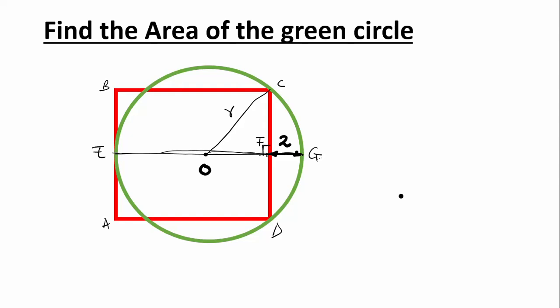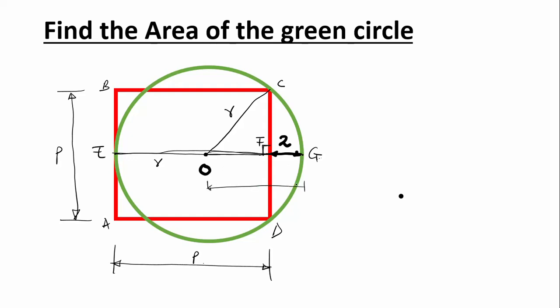Now let me assume that the length of this square is P. Here is R, from here to here, it's also R.